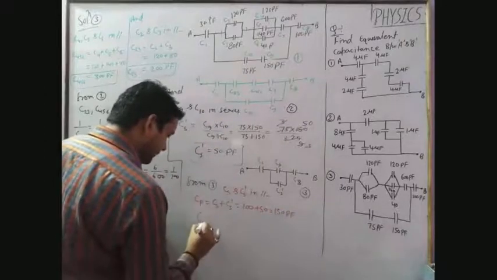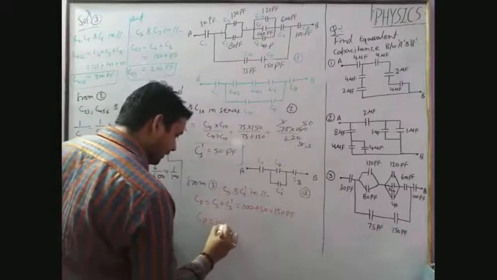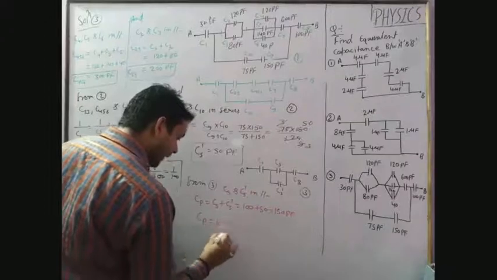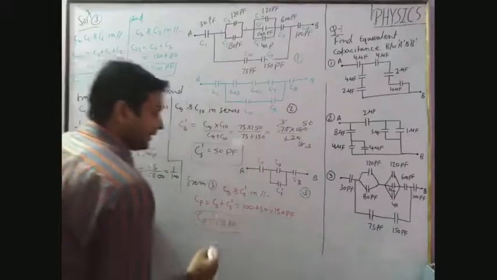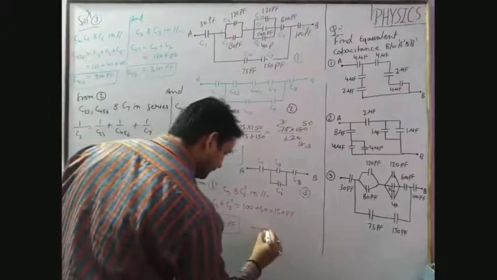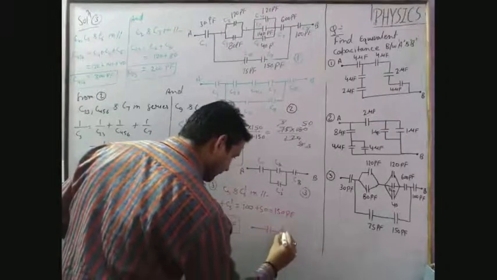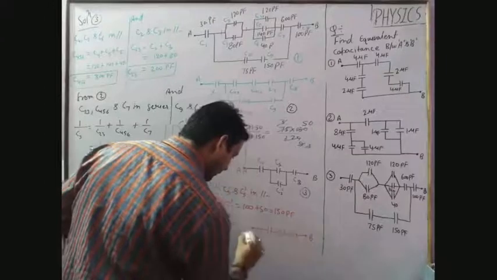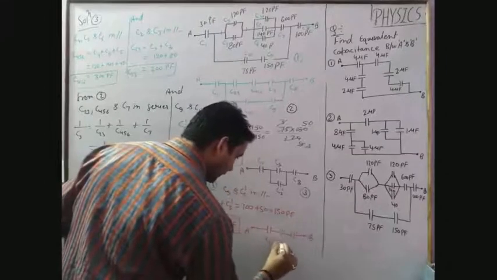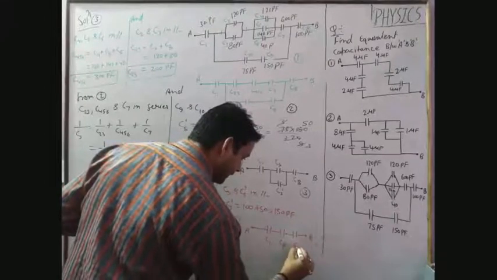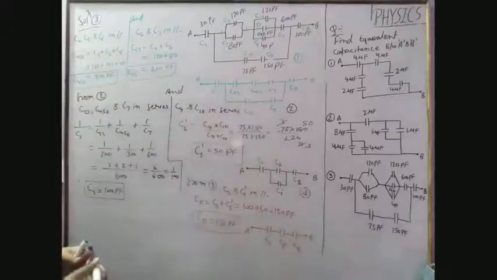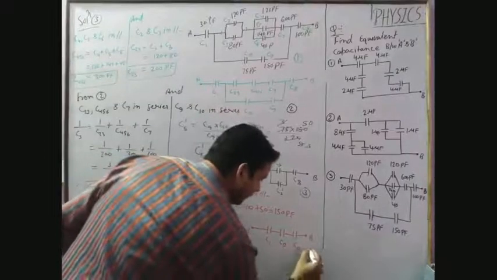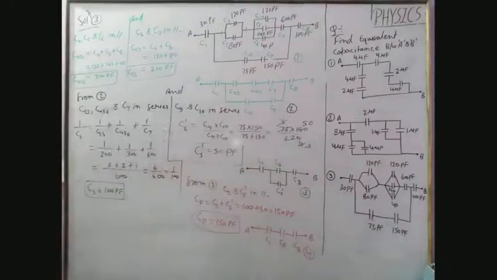That is CP is equal to 150 picofarad. Now this circuit is reduced to A to B, C1, CP and C8. Okay, this is our fourth situation.